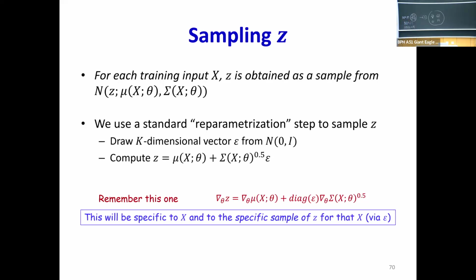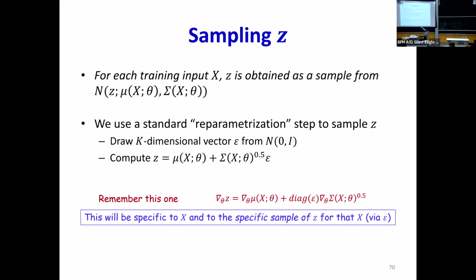I would have to scale it up first by sigma, and then add a mean. Right? And that's going to give me my sample from this distribution. So here, if I want to draw a sample from a Gaussian with mean mu and variance sigma, I'm going to draw a sample epsilon from a standard Gaussian, multiply it by the square root of the variance, which is the standard deviation, and then add the mean, right?